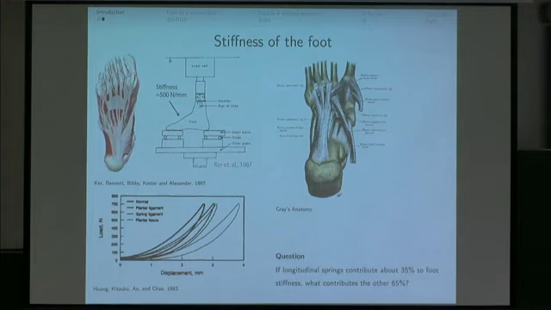So there were two groups who did it, and what both of them did was take a cadaveric foot and load it under a 3-point loading, so supported at two ends, and then loaded somewhere in the middle. But the point where it is loaded is so close to one of the supports that it can be considered clamped. It's a minor technical detail. I won't go too much into it. But the force displacement curves are plotted here.